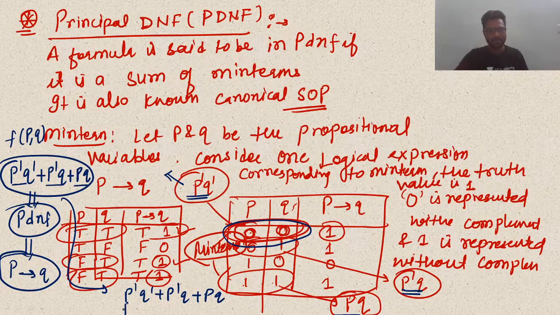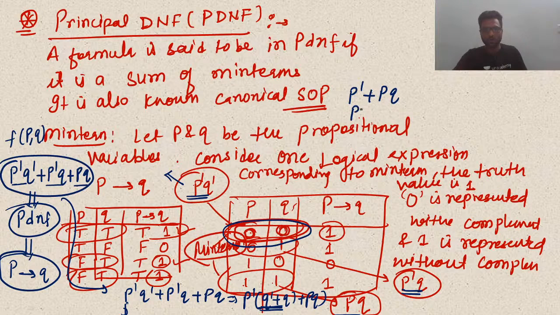Take p dash common from this expression. So it will become p dash times q dash plus q, plus pq. Yes or no? So q dash plus q becomes 1. So this expression becomes p dash plus pq. So apply distributivity. So this one will be p dash plus p dot p dash plus q.